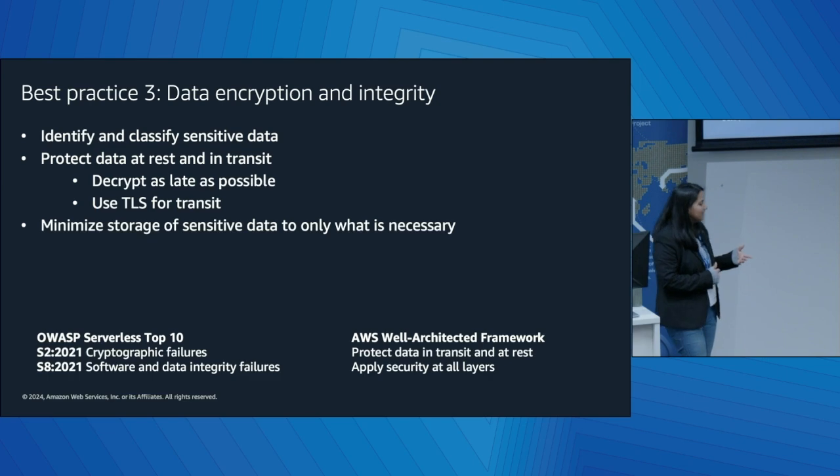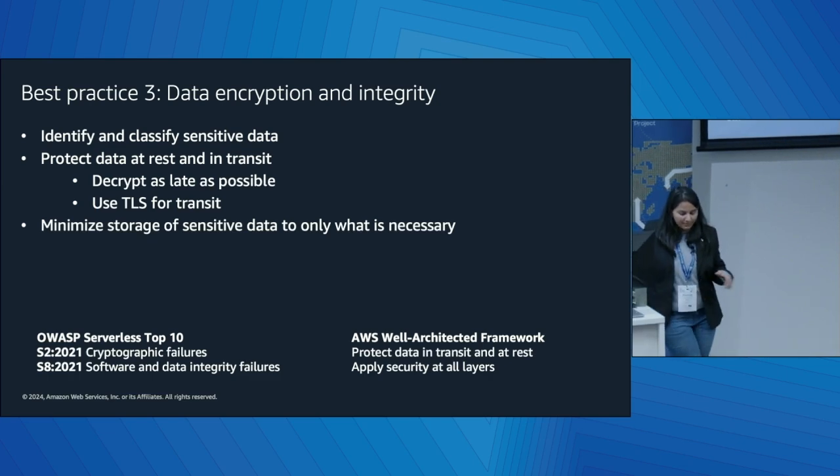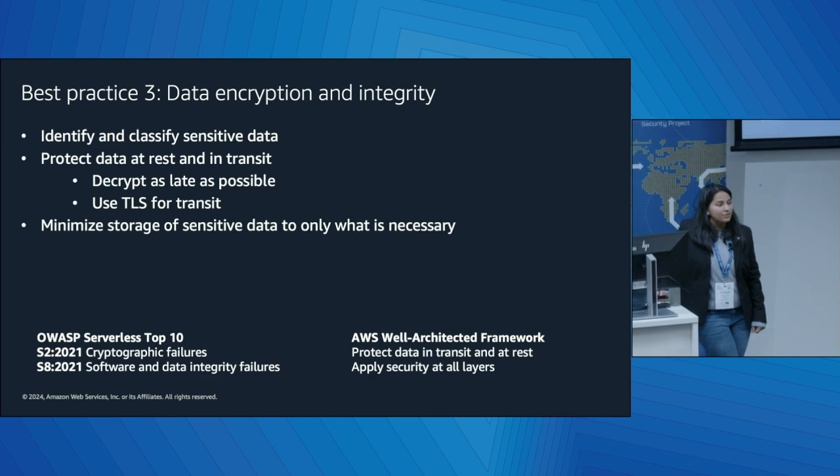So one of the quotes that was mentioned by Werner was: store like nobody is watching, but encrypt like everybody is. There are encryption mechanisms that are widely available and used.